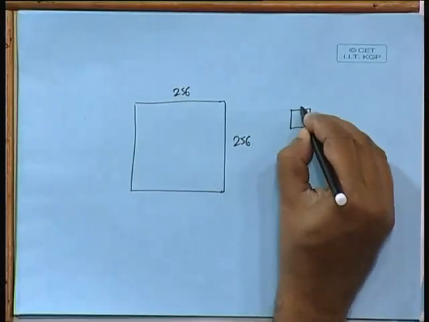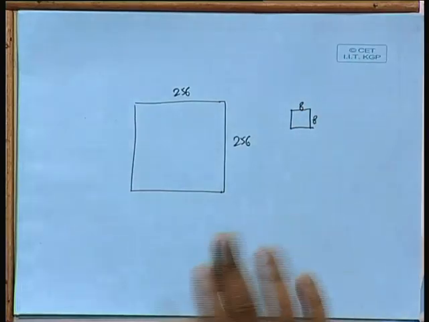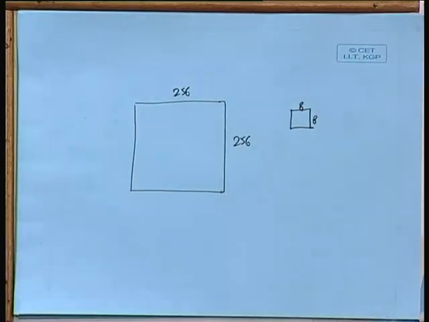Now, in order to achieve data compression, you can divide this 256 by 256 image into non-overlapping blocks of 8 by 8 or some size like that. Let us say that we subdivide the image into non-overlapping blocks of size 8 by 8. Now, 8 by 8 corresponds to 64 pixels.